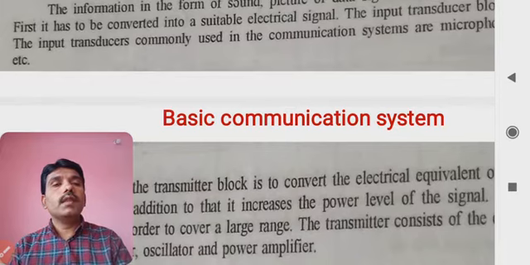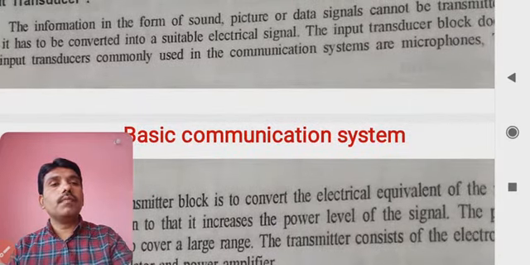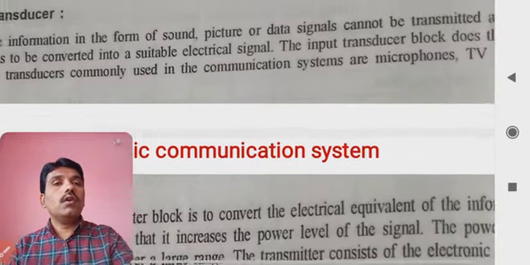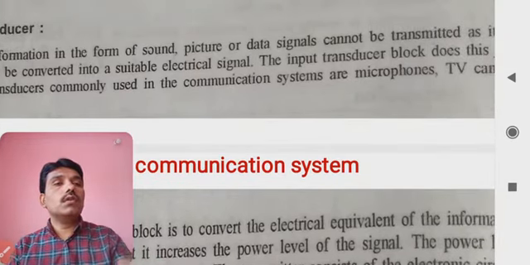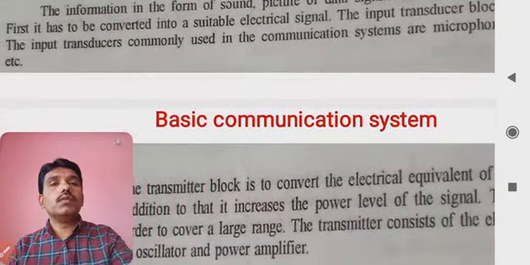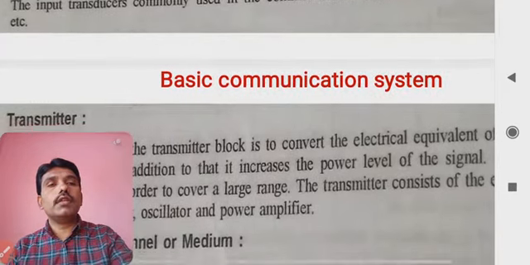Transducers are commonly used in communication for making the input signal into a suitable format. The data may come through a camera, microphones, or TV cameras. Whatever form the data is taken in, it is converted into a suitable format through these input transducers.